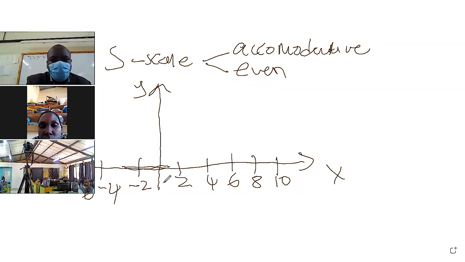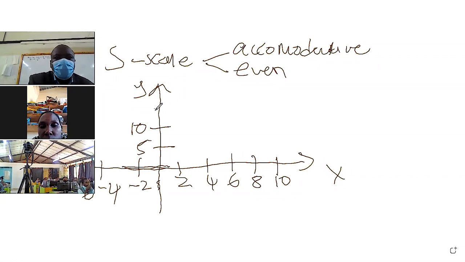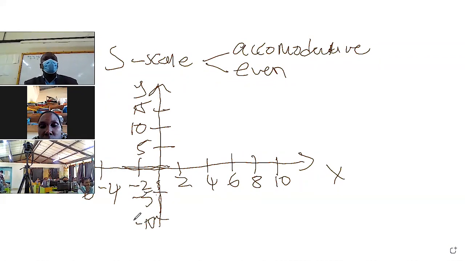Then on the vertical axis, maybe the scale given is 1 centimeter to 5 units. So this should be 5, then 10, then 15, and below that we should have -5, -10, for 1 centimeter to represent 5 units. That's what it means by being even.